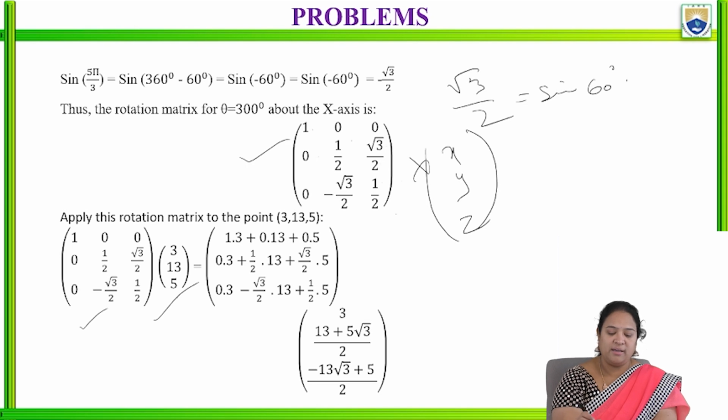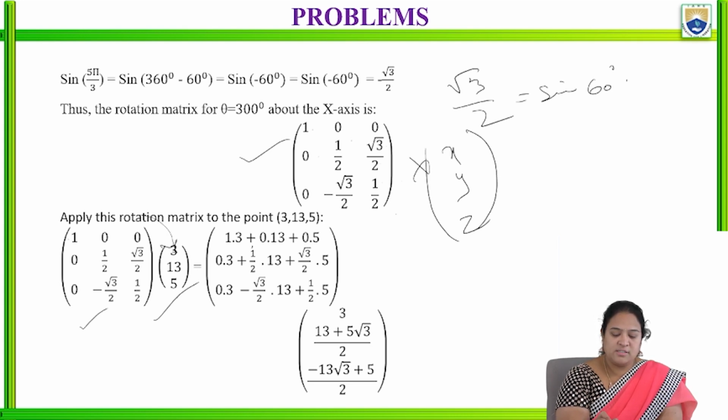So what we will be getting here: 1 into 3 plus 0 into 13 plus 0 into 5, and next 0 into 3 plus 1 by 2 into 13 plus root 3 by 2 into 5, and then 0 into 3 minus root 3 by 2 into 13 plus 1 by 2 into 5.